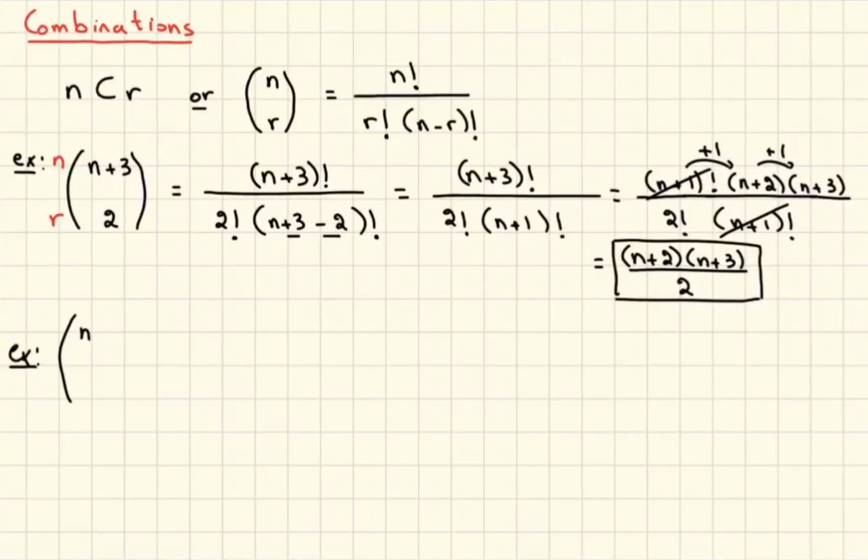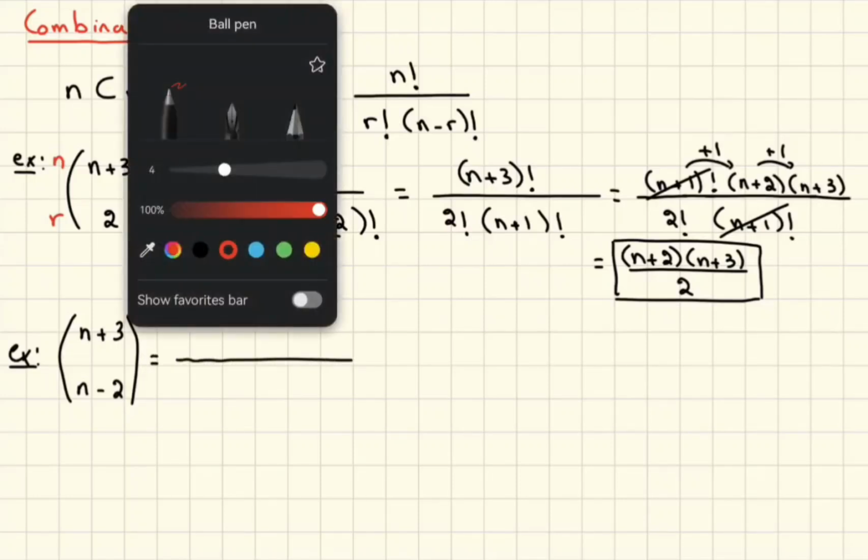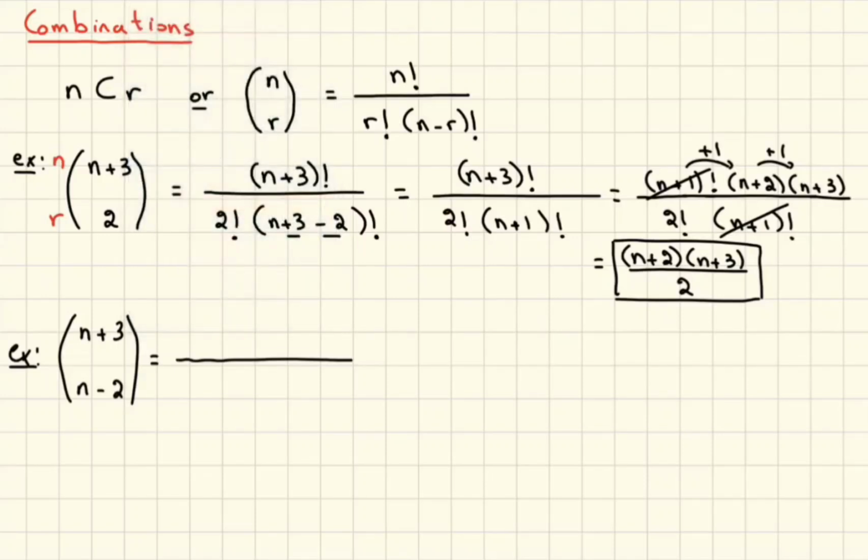If we're talking about n plus 3 and n minus 2, so we have n plus 3 combination n minus 2. Again, I always go to the main rule, which is n factorial over r factorial multiplied by (n minus r) factorial. I'll write n here, r here, so I know my n, I know what is the r.